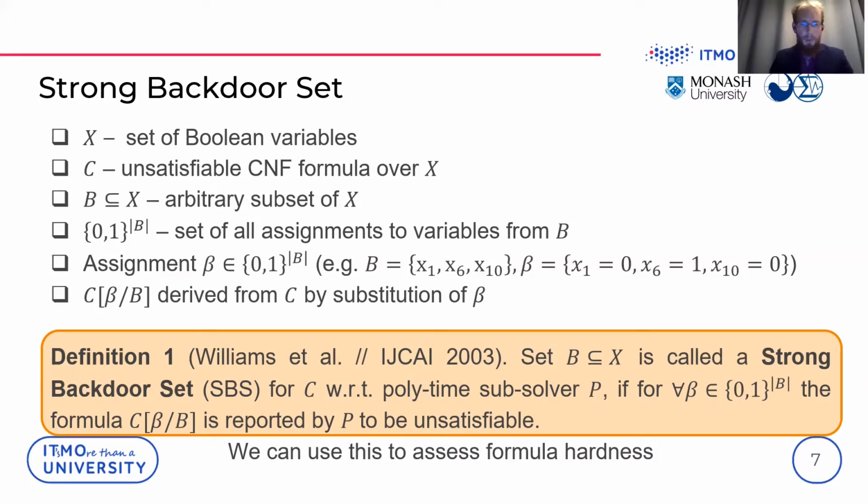For the set of all assignments to variables from B, introduce an assignment beta, and introduce the weakened CNF formula C beta slash B, which is derived from C by simply substituting the assignment beta of variables from B. A set B is called a strong backdoor set for formula C with respect to a polytime subsolver P if for any assignment beta from set B, the formula C beta B is reported by P to be unsatisfiable. And the idea proposed in Ansótegui et al. is that we can use this to assess formula hardness.